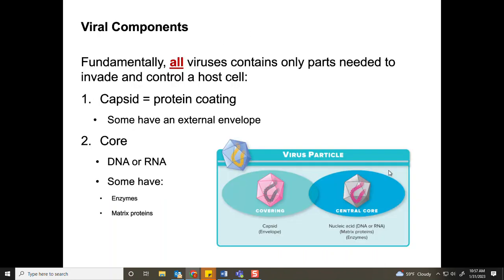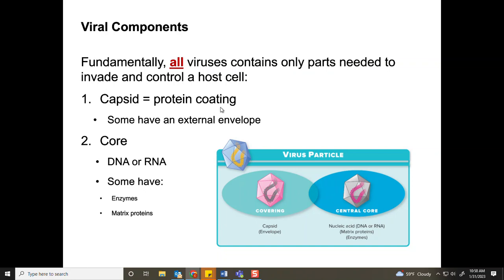But all of these viruses, all viruses in general, contain only the parts that are necessary to hijack and control a cell. And that includes two things: a capsid and a core. The capsid is a repetitive pattern of proteins that creates a coat.